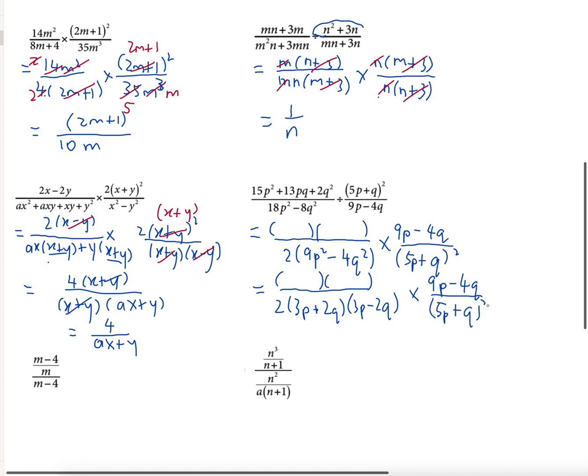Now there should be common factors in the numerator, so therefore we know that the numerator is all plus, so we could have guessed that there is a 3p plus 2q and a 5p plus q. Well, we can check.